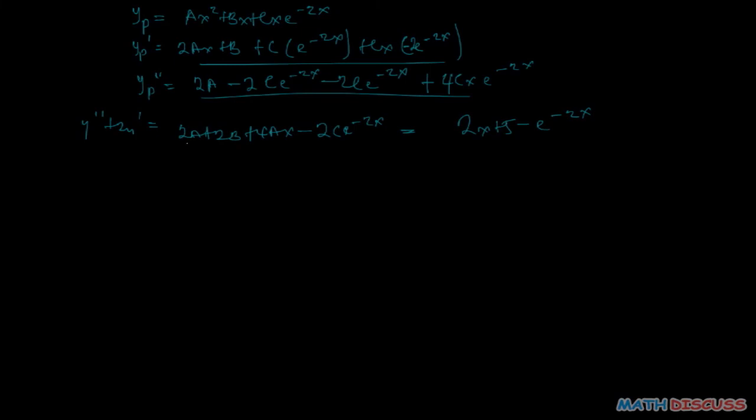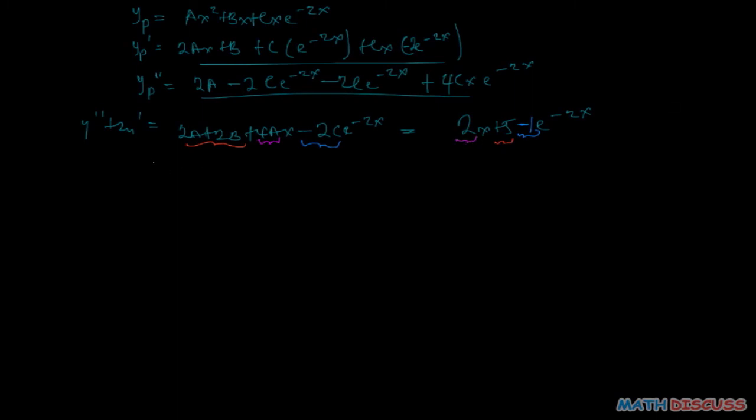So you might want to look at it this way. You have your constants, which is 2a plus 2b, and then you also have the coefficient of x here, which is 4a, and then you also have the coefficient of e to the power negative 2x, which is minus 2c. So also here, the coefficient of e to the power negative 2x is minus 1, the constant that we have there is plus 5, and the coefficient of x there is just 2.